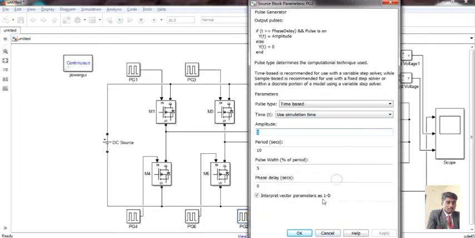Our Indian frequency is 50 Hz, so per second we put 0.020 to get 50 Hz output, and the others remain the same, with only the phase delays changing to get a sinusoidal output.